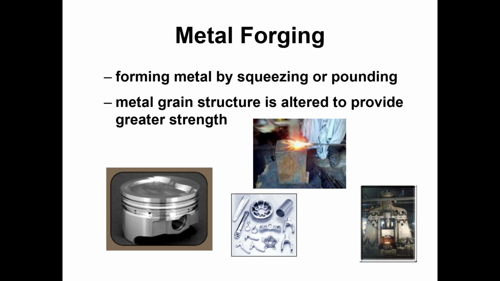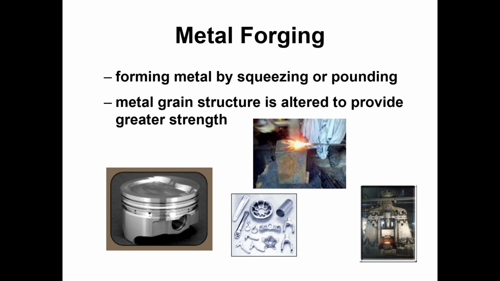Okay, another process you can use is forging, which is basically just heating up something and then pounding on it. Okay, think blacksmith. I think I have a picture of a blacksmith there just pounding on a piece of iron, making, who knows, a horseshoe or a sword or an axe or something. But you can also forge pistons for a car engine.